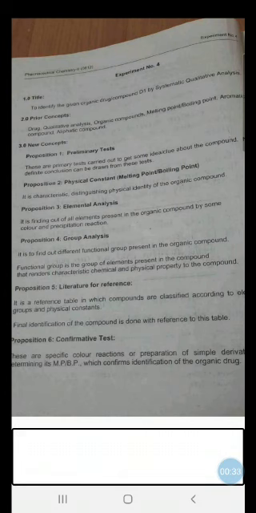That means from experiment number 4 to experiment number 13, where 13 is also included. So from 4 to 13, everyone has to perform these organic compounds.